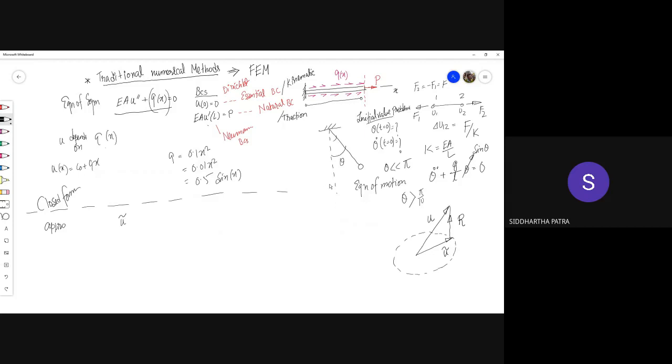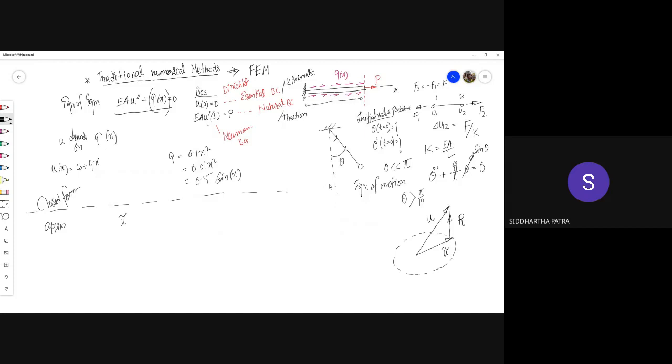Now if indeed u was a vector and u tilde was a vector of finite dimension, it would be a very simple job for you to define what a residual must be, right? You simply take u minus u tilde.